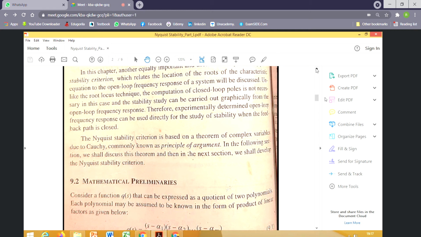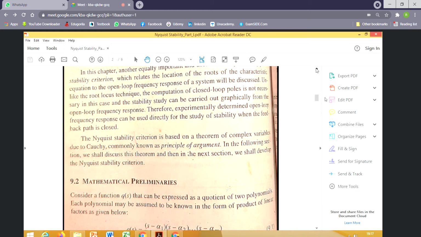Actually, we are interested in the stability of the closed loop system. It might so happen that an open loop system is unstable, we'll see that. But if we close the feedback path, the system might become a stable one. So generally we work with closed loop systems, and hence the stability of a closed loop system is of importance to us, right?